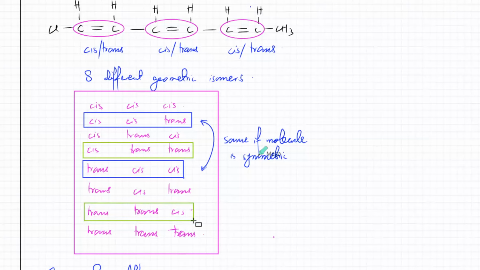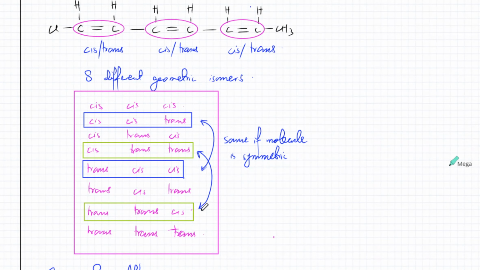So that means these two are also kind of the same. Is that clear? And this one looks unique. Trans cis trans, if I flip it around, it's still trans cis trans, and that's unique. There's no one else. Trans trans trans is also unique. If I flip it around, I'm still going to get trans trans trans, which no one else is.